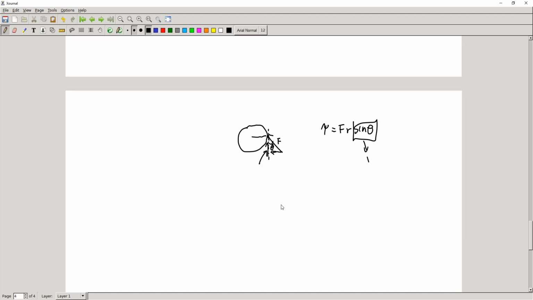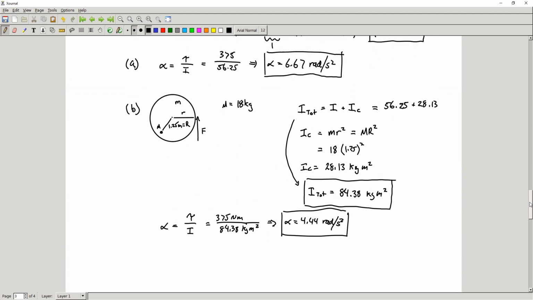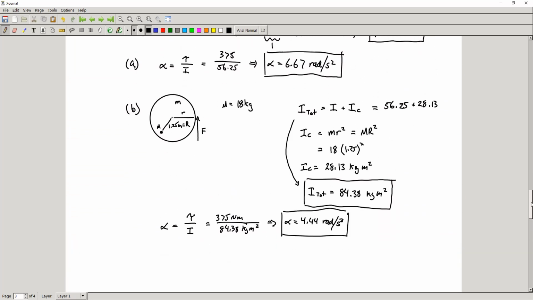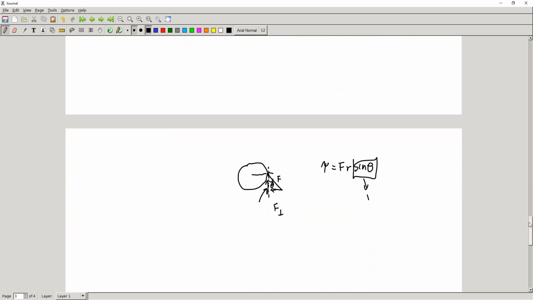We would solve for this part here that was actually the force that's fully perpendicular to our radius. Once we had that force, we could then just substitute it in and do all the work that we did up here using F perpendicular instead of just plain F, right? And then we could work back and find out what F was, right?